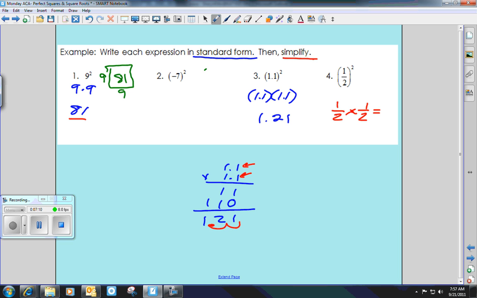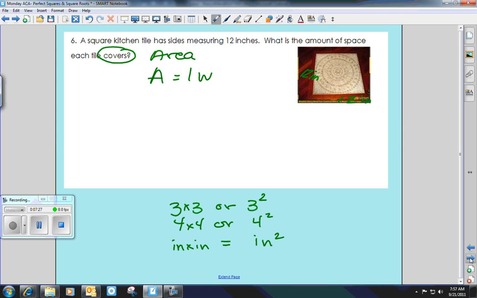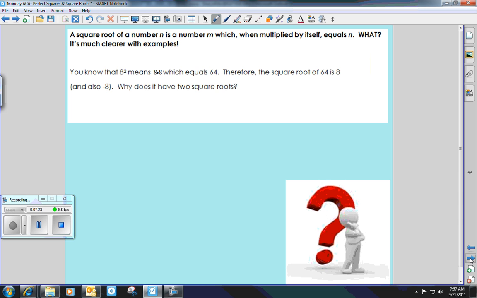Over here, if this were being squared, you'd have -7 on this side and -7 on that side. You take length times width, and you would come up with the area of that square. So when we're talking about models now, we're talking about the length of the sides of a square, multiplying them together to get the area.